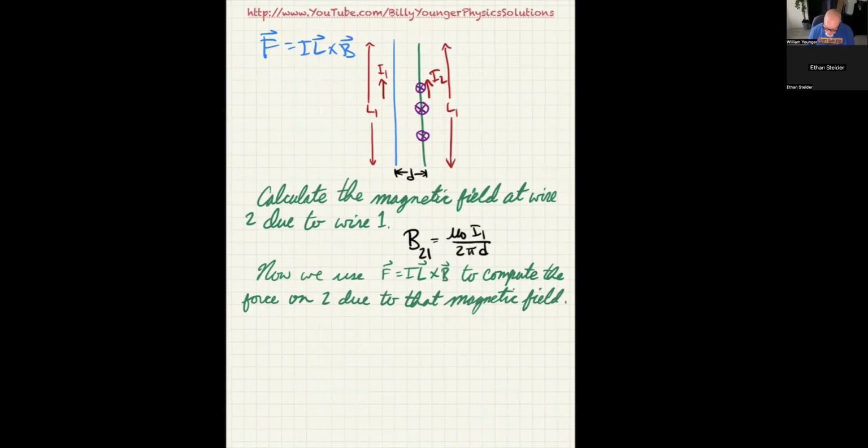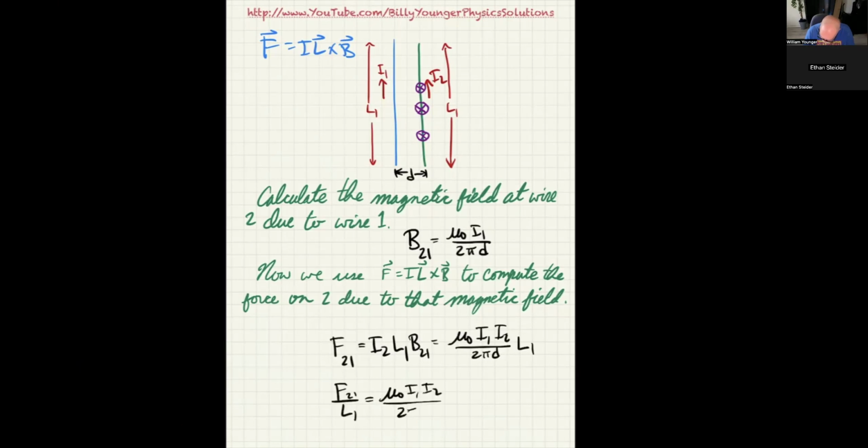Okay, so according to this, notice the IL is perfectly perpendicular to B. So we really just get F. We get F on 2 due to 1 is actually equal to current I2 times L1, because they're both the same, times B21, which equals mu 0 I1 I2 over 2 pi D times L1, so that we can say the force per unit length is equal to mu 0 I1 I2 over 2 pi D.